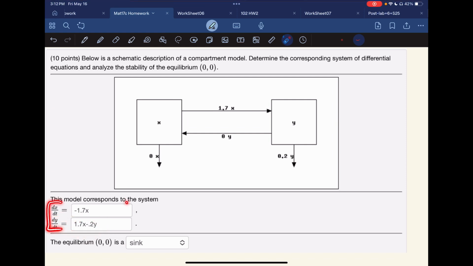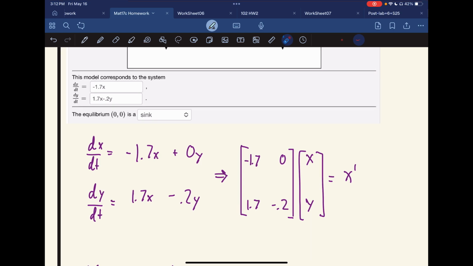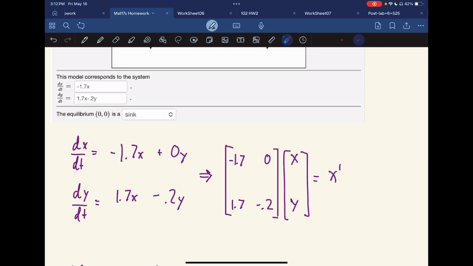That gives us a handy little system from which we can make a matrix. This is important for satisfying this component. It wants us to characterize the equilibrium as some type of node. So in order to do that, we need our eigenvalues, and in order to get our eigenvalues, we need a matrix.